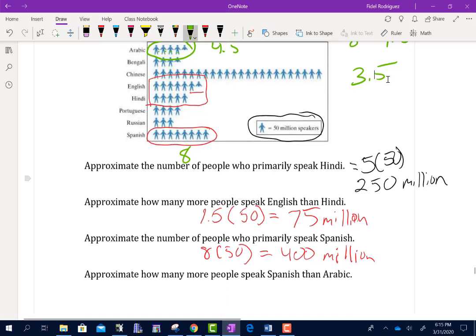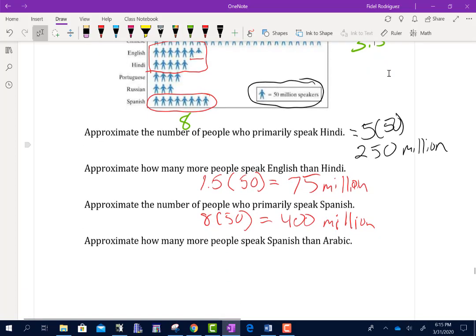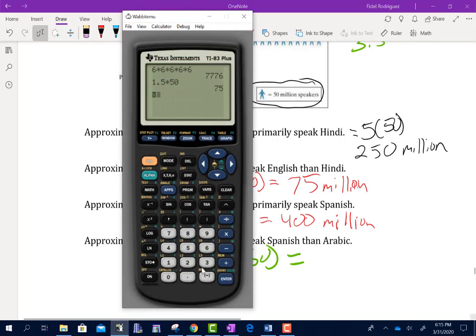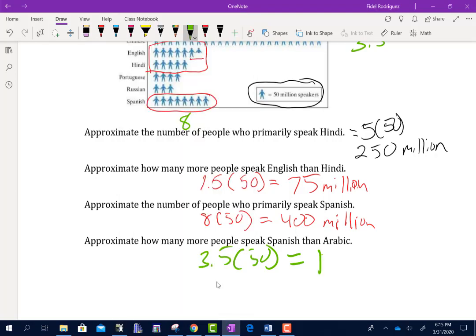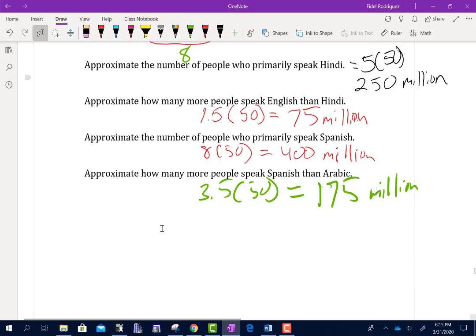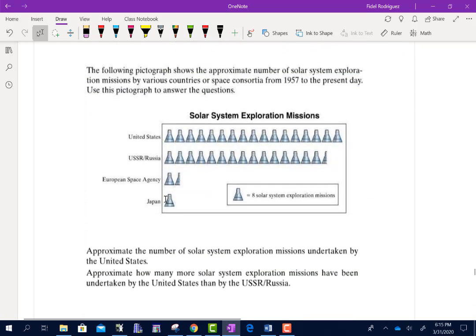So 3.5 times 50. Again, I'll use my calculator for that, guys, just so you can see what I'm doing. 3.5 times 50 is 175. So 175 million folks, right? All right. So I'm hoping pictographs seem to make sense.